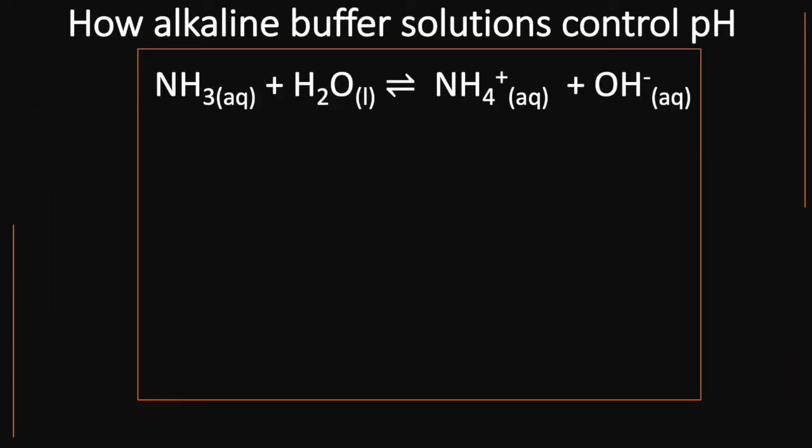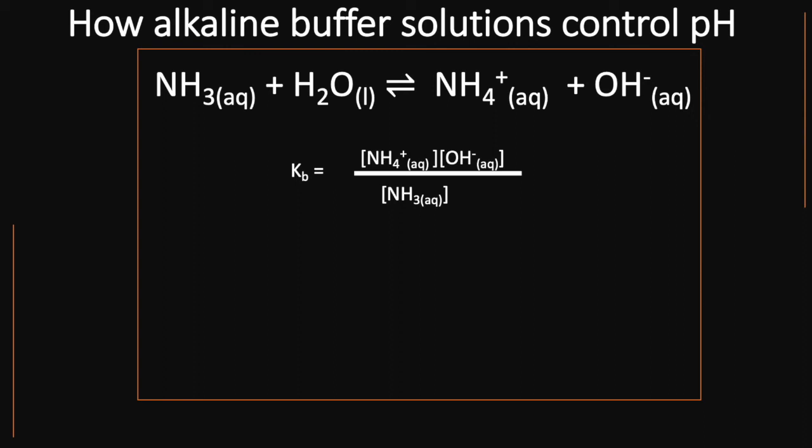So let's look now at how an alkaline buffer solution controls pH. We'll take ammonia as an example. Ammonia, of course, is a weak base, and produces the ammonium ions in solution along with hydroxide ions, but that equilibrium is towards the left-hand side. So we can write Kb for this equilibrium because we're looking at bases now rather than acids.